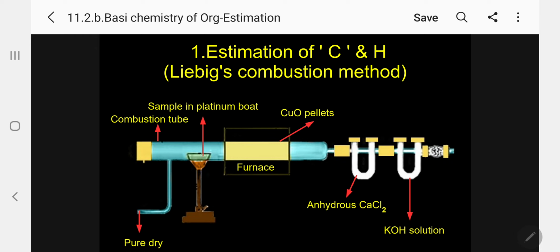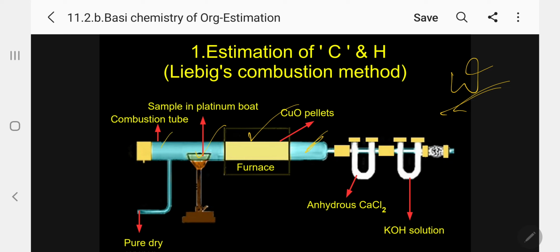There is a platinum boat containing a known sample, say W gram. We are taking W grams, a weighed quantity, and you introduce it into the platinum boat inside the combustion tube. On the other side, just next, you keep copper oxide pellets, and then anhydrous copper gauze on both sides.